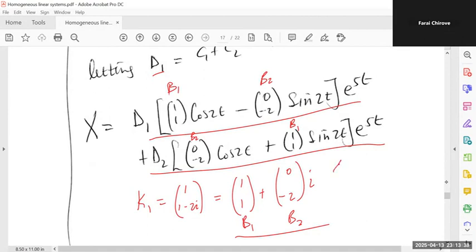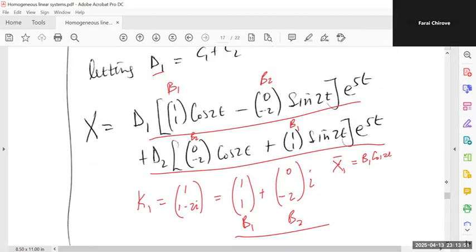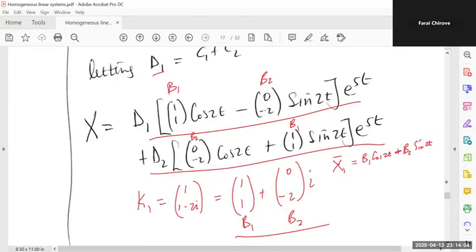So I'll then say my new real valued solutions, x1 bar, will be equal to b1 cos 2t plus or minus b2 sine 2t, times e to the power 5t.